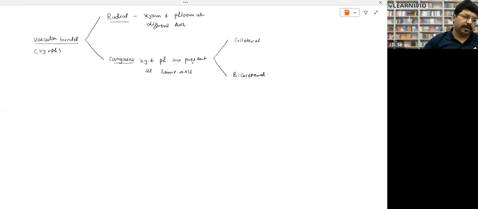And one more category is present, that is concentric. Collateral, bicollateral, and concentric. You can write it down this way.